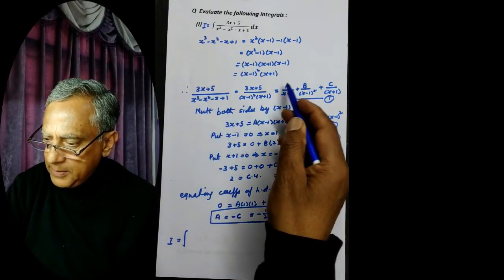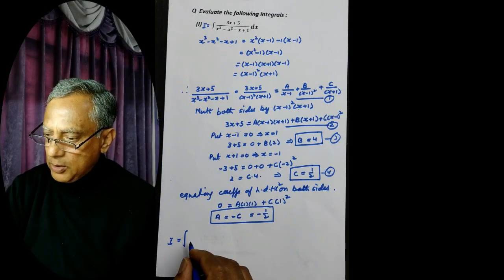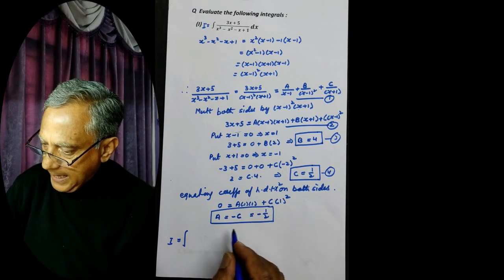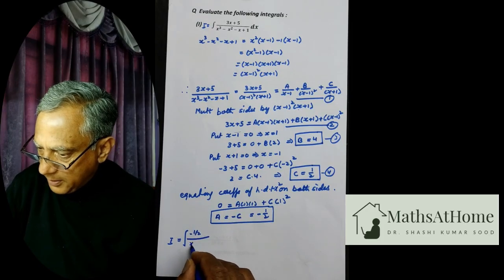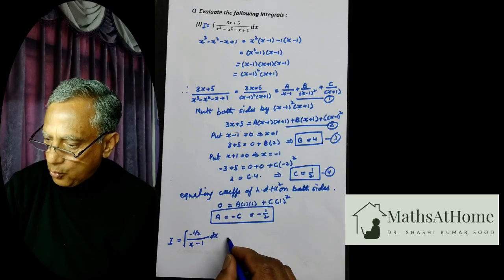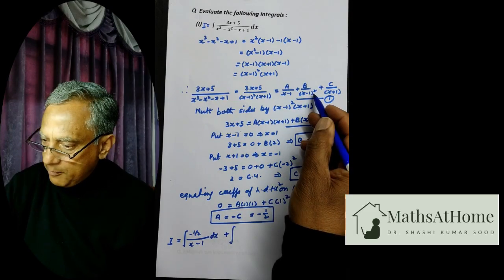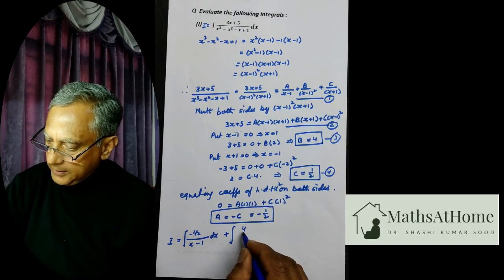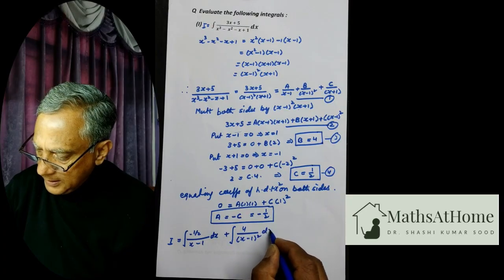Now this term is equal to this, and this term is equal to this. So this will be a. How much is a? A is minus half. Minus 1 by 2 into 1 over x minus 1 dx. First term is this. Plus integral b over x minus 1 whole square, which will be 4 over x minus 1 whole square.